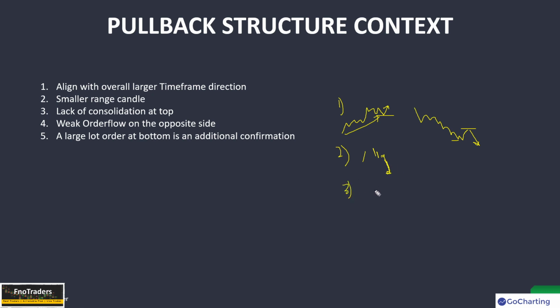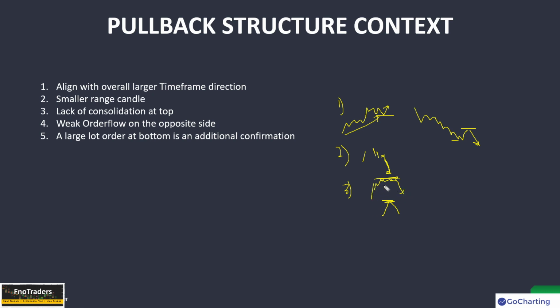Point number three, generally when you're trading a pullback, I'm not looking for much of a consolidation at the top and then a pullback. I'm looking for a bit of a sharper reversal. The reason is that consolidation at the top could mean that buyers have kept on trying and failed, which is detrimental to a pullback, and there might be stuck buyers who would want to exit instead of trying to get back in.